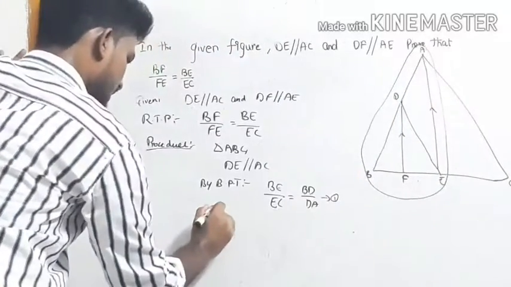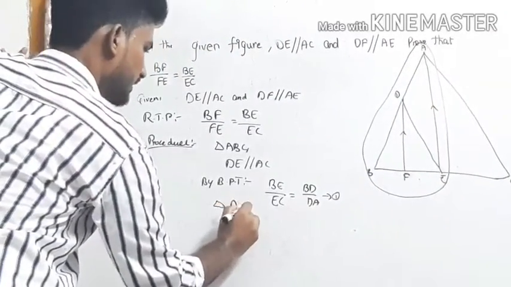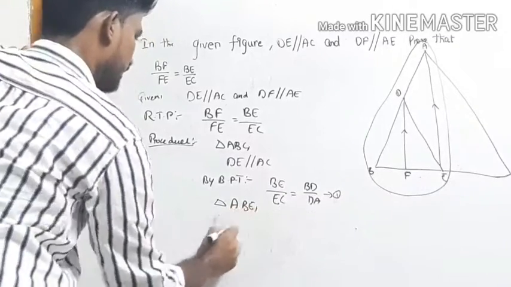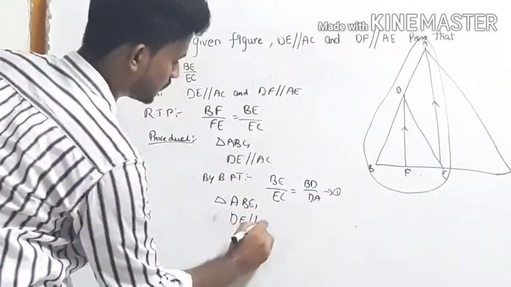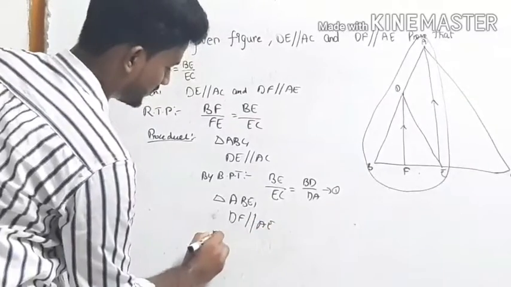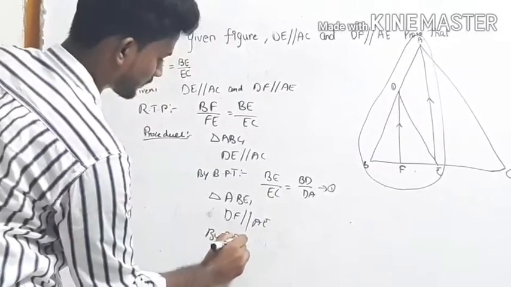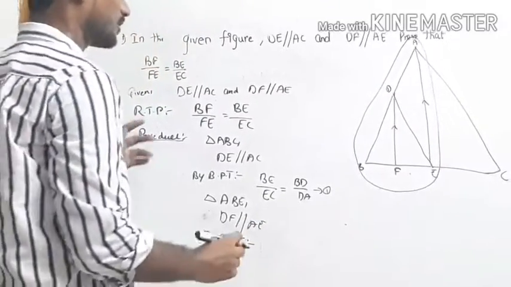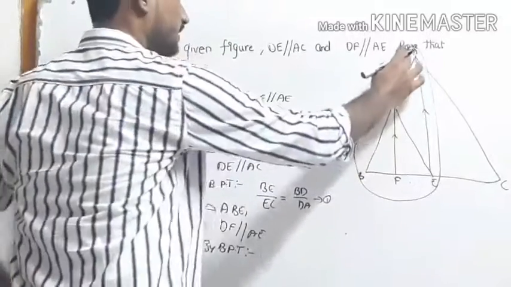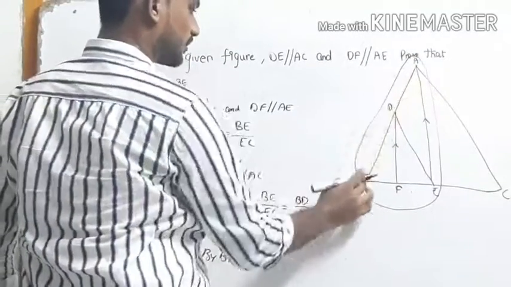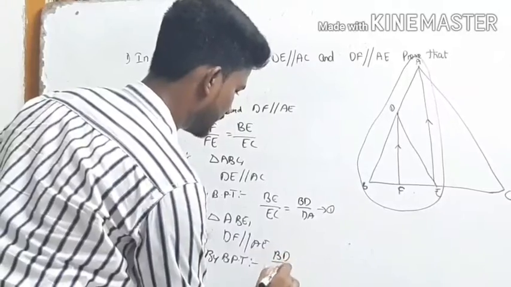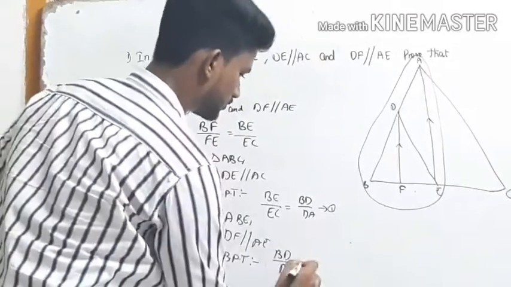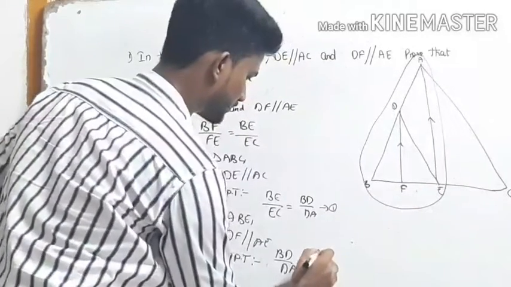It is triangle ABE. You know that DF is parallel to AE. By BPT, we can write BD by DA equals BF by FE.